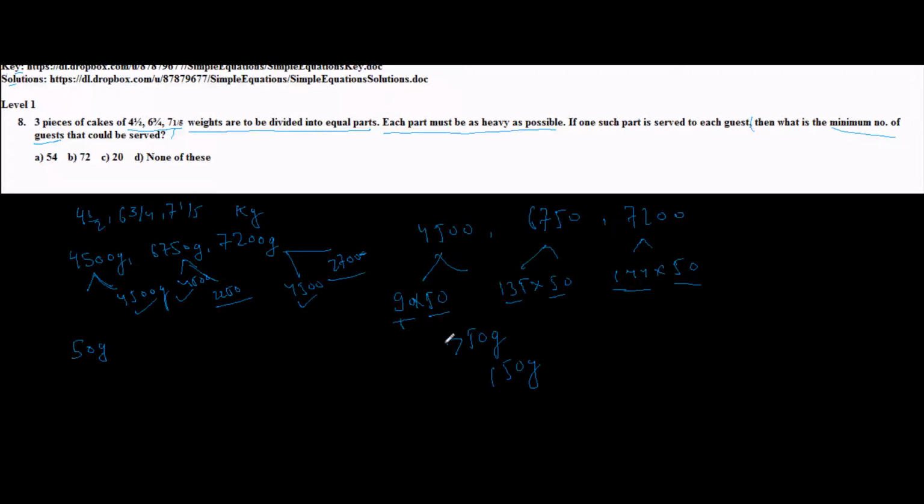So basically, I have to look for a number which can divide all of them, and that number should be as high as possible. So I'm listing down the conditions. Number one, the number should be divisible by 4500, 6750 and 7200, so that the pieces can be divided among equal parts.